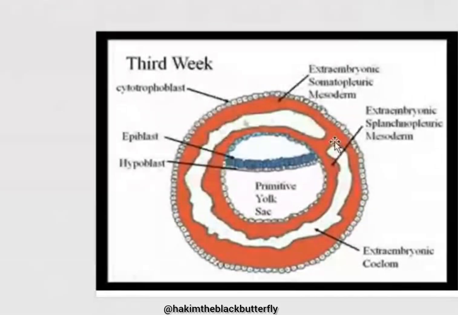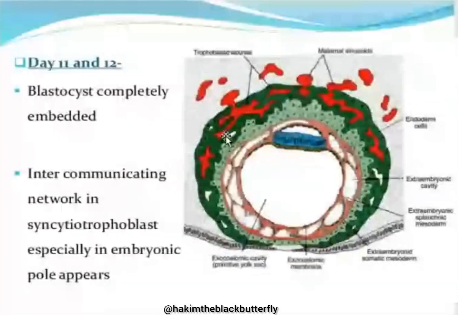We also saw that cavities develop in the syncytiotrophoblast known as trophoblastic lacunae, and then maternal blood vessels open and their blood pours into these lacunae, establishing a primitive placenta. So those are the events we saw that occurred in the second week of intrauterine life.